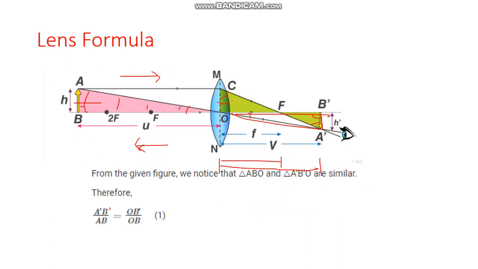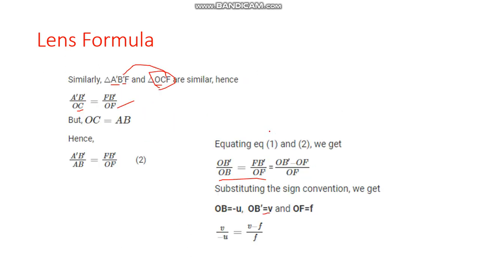And OF also is in the direction of the ray, you have to measure all the directions from O only, so it is a positive value. So finally you will get this equation, V by minus U is equal to V minus F by F.